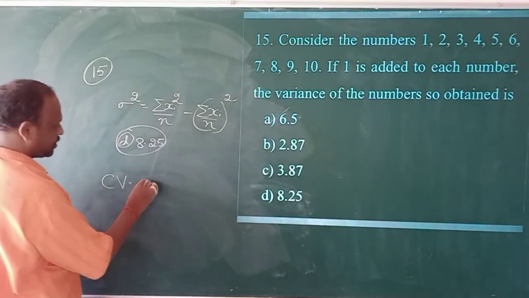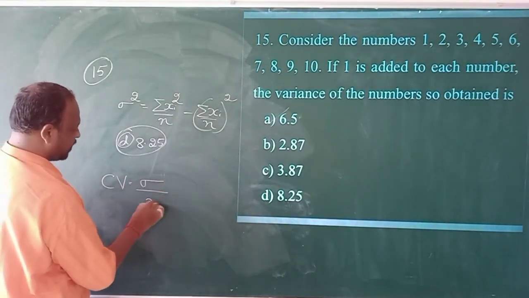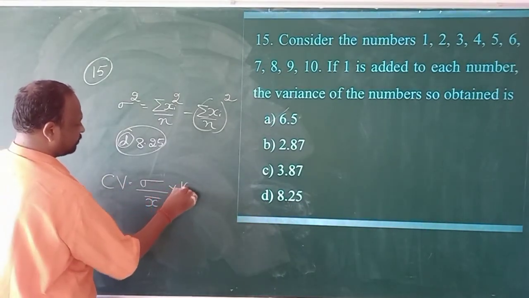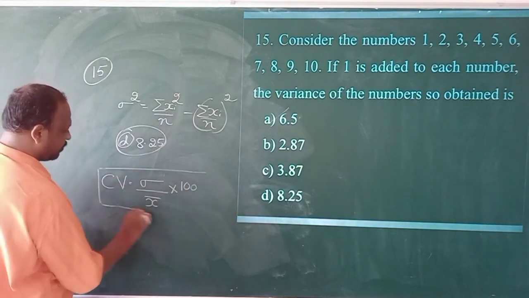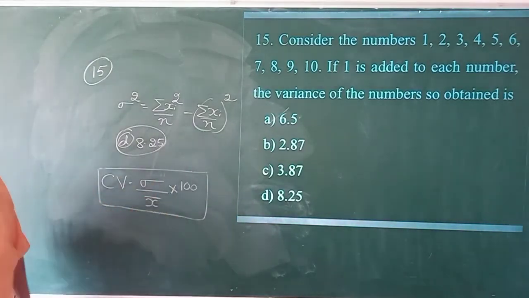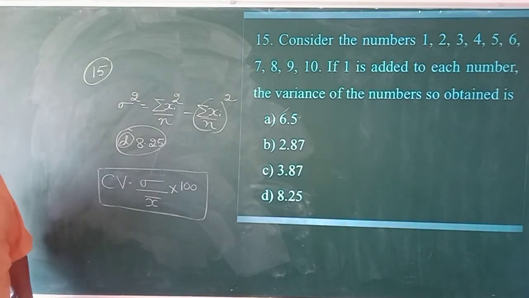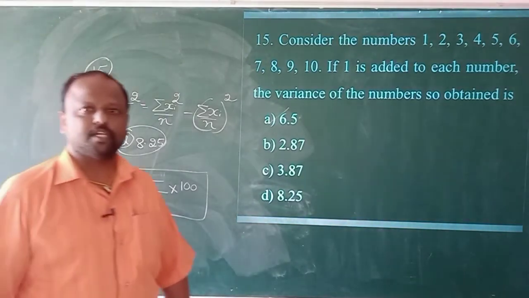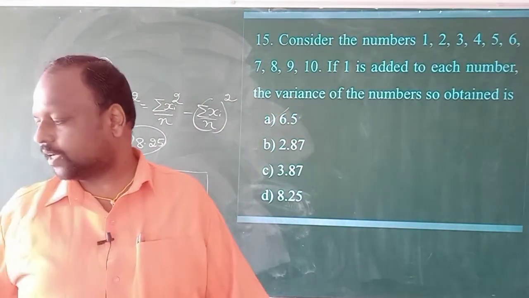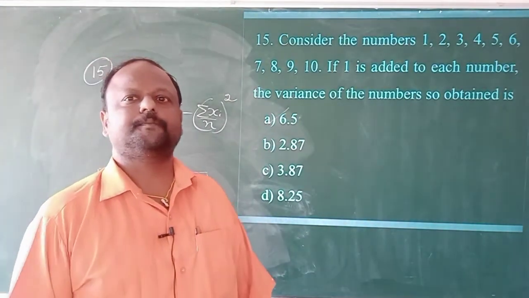Coefficient of variation is always given by sigma by x bar into 100. This formula is also very important. On the basis of this coefficient of variation, they can also ask questions.